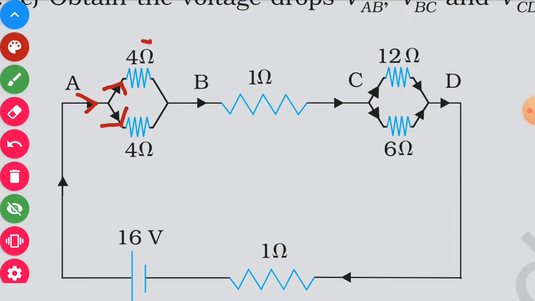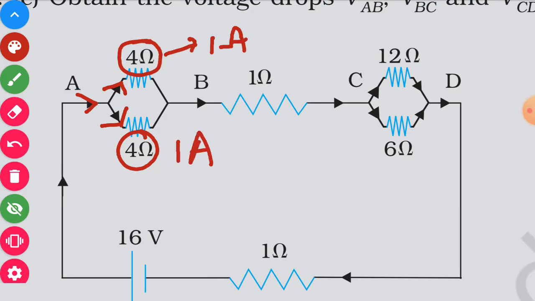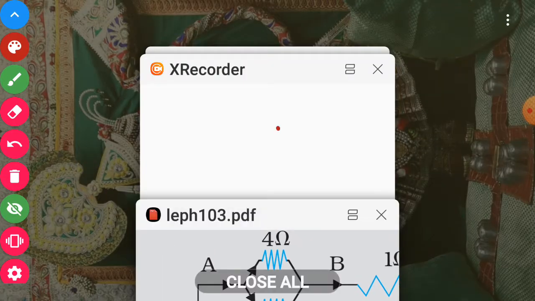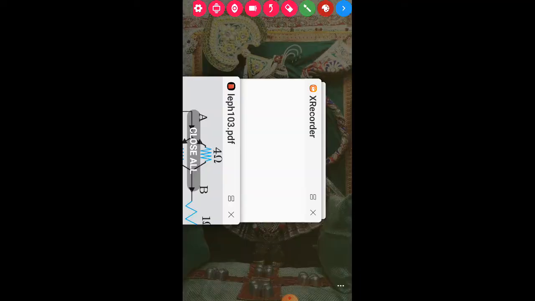As these two resistors are the same, the same amount of current will be distributed. So each resistor will have 1 ampere current. This will also have 1 ampere current. 2 ampere is divided into two parts. Or you can find another way out, that is given in our textbook. Okay, how to do it.